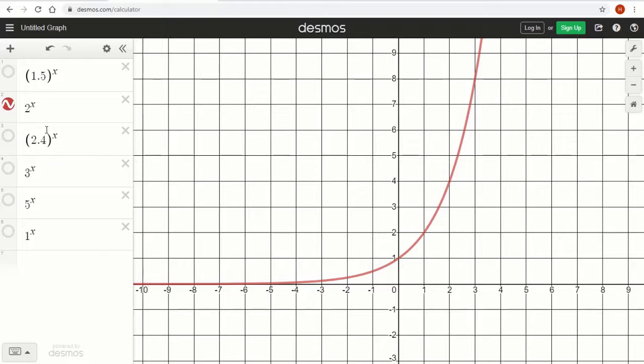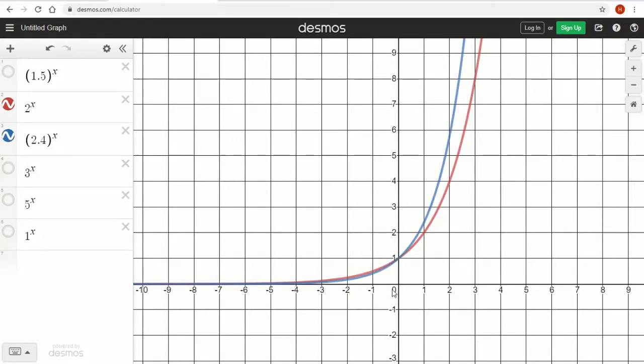So in other words, for a function such as 2.4 to the x, as on my list being written right here, it is entirely an exponential function. And again, it's a positive value, and it's also a value for now being greater than 1. So let's now quickly bring up the graph for this function 2.4 to the x right here.